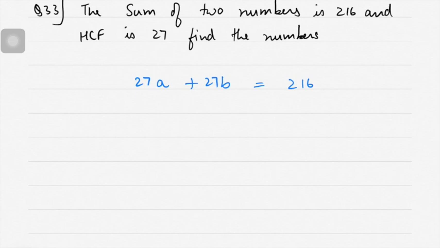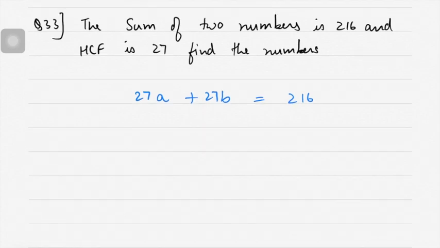So I'll assume 27A and 27B as the two numbers. So let the two numbers be 27A and 27B. And they have given 27A plus 27B is equal to 216. Right?